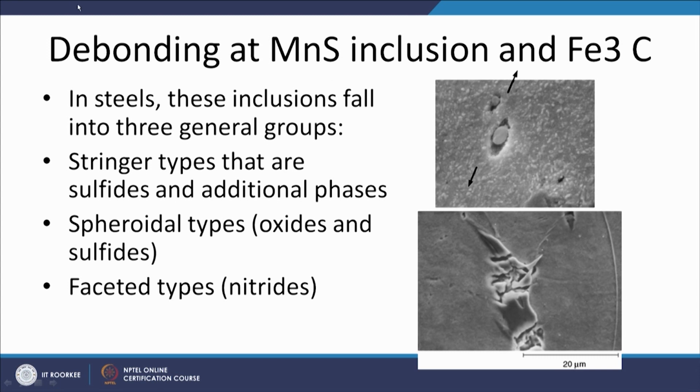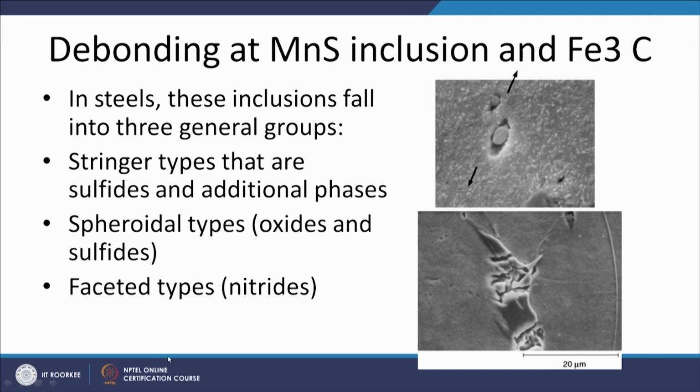One typical example is how the voids are formed in a real system. This shows two micrographs. In one case, a manganese sulfide inclusion is acting as a site for the nucleation of the voids. On both sides we can see the voids being formed around the manganese sulfide inclusion.